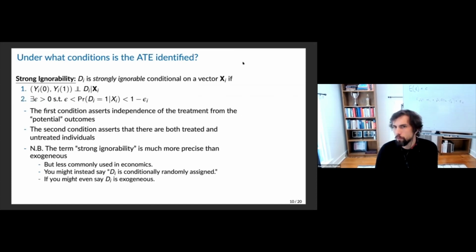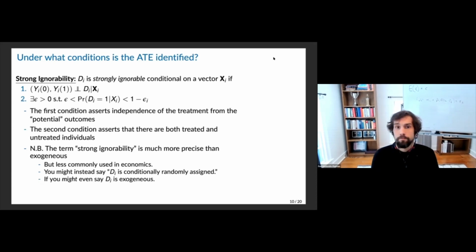So the first assumption we're going to learn, which really is the term most relevant for thinking about treatment effects, is this idea of strong ignorability. This is basically the condition under which the average treatment effect is identified. This conditional statement is really just there so that we can do the conditional average treatment effects as well.